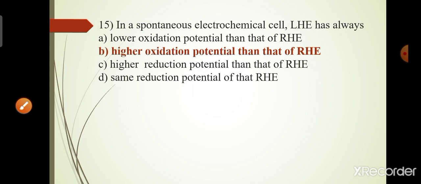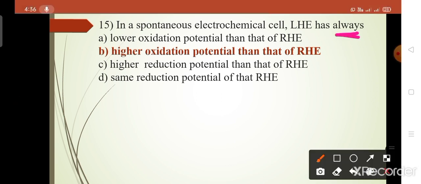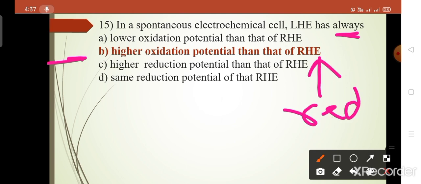Then in a spontaneous electrochemical cell, the LHE always has a higher oxidation potential than that of the RHE. Option B is the correct option, because at the RHE the reduction takes place and at the LHE the oxidation takes place.